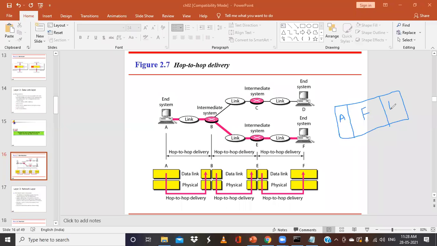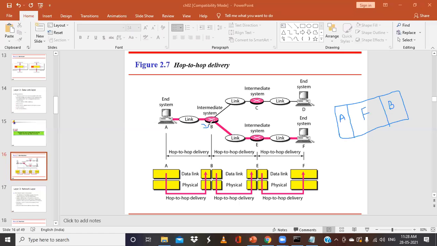The trailer is the next hop. I'm taking a simple example. This is the frame A wants to send to F, but what is the next device? The next device present is B. So it will add the trailer as B. So this frame will arrive at B. This frame has arrived at B.